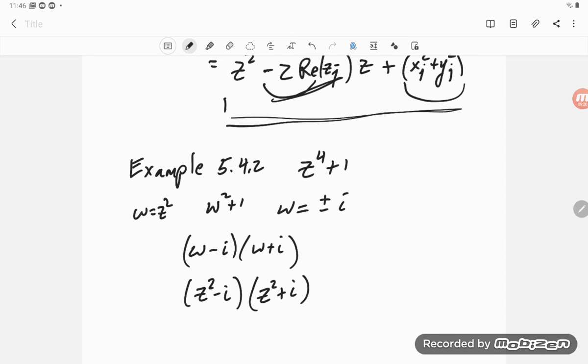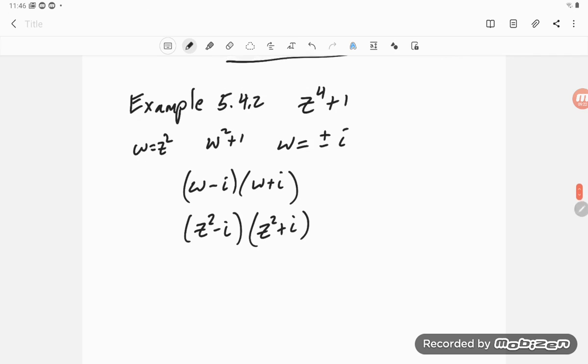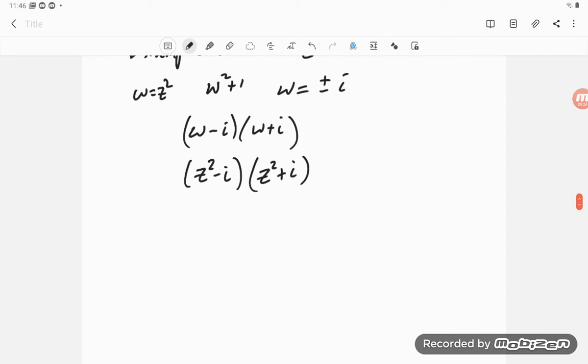Okay, so we have that, and then they just say it's easily verified, right? We've got a formula for it, and so forth, but they say it's easily verified then that for this one here, we would get z equal to plus or minus 1 plus i over the square root of 2.